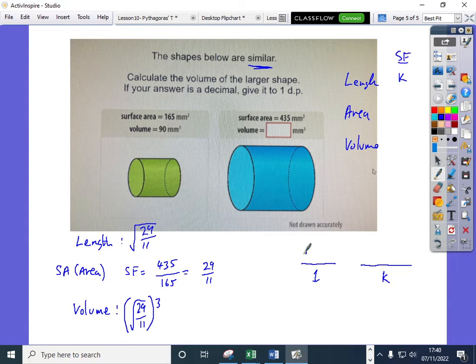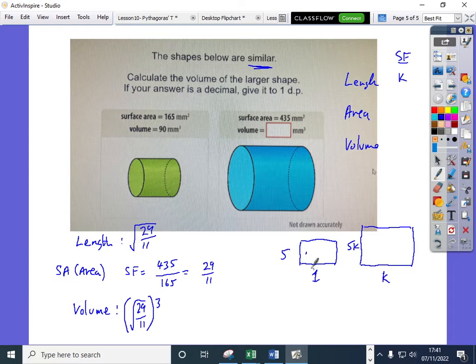Now when we deal with area, let's call this 1. I know this one's ridiculous because that looks much bigger. Let's just call this 5. But if I multiply this by k, then 1 times k is 1k, and 5 times k is 5k.